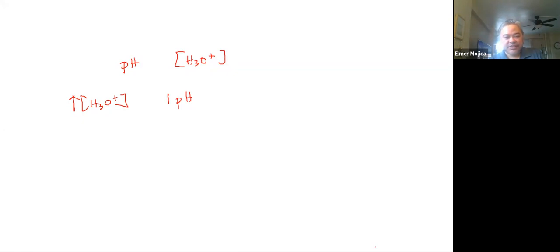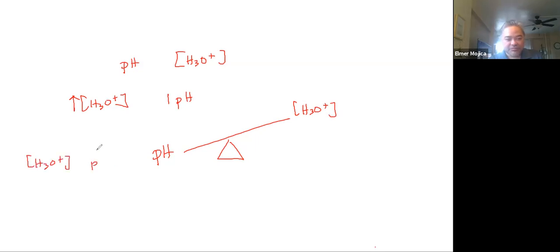So the relationship that you have here, it will not go up. Okay, the relation that they have here is just like a seesaw. When the pH is low, the H3O plus is high. Okay, so I want you to get what is the hydronium concentration when the pH is equal to 1.